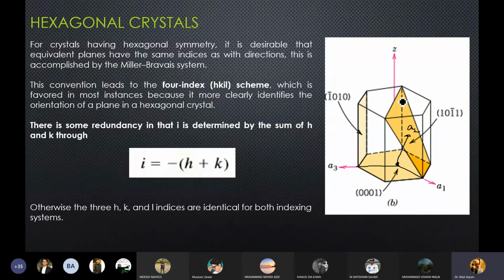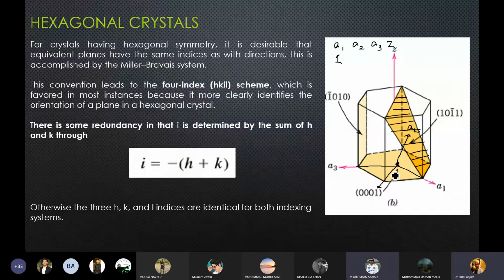Now let us look at this plane. We have the coordinate axes A1, A2, A3, and Z. Is the plane cutting the A1 axis? Yes, sir. Is the plane cutting the A2 axis? No, sir. All right, tell me where is it cutting, beta?